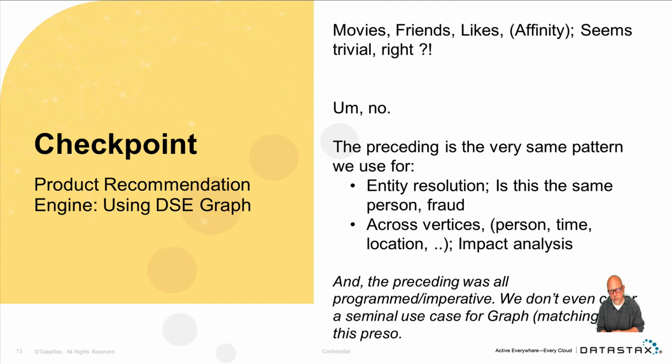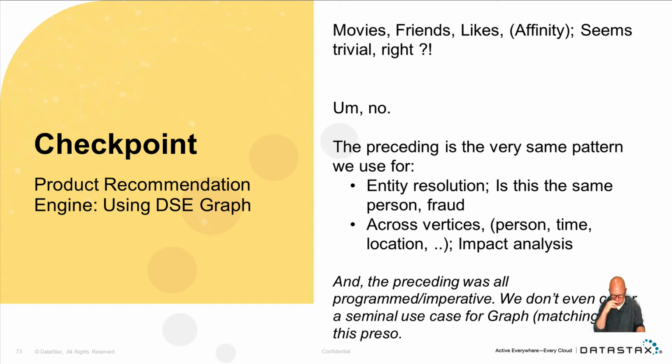We use this same pattern for, are these two people, Dan and Danny, are they the same person? We use this in fraud. We use it a lot of ways. People will try to obfuscate their user ID by using their middle initial or not, or their full middle name or not. But if they're doing the same things, they have the same activities, they go to the same locations, and then we can put a score also on any subset of their identifiers, name or other. We can start to guess that they're the same person.